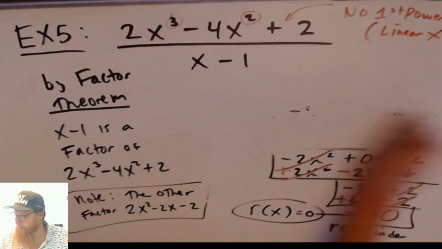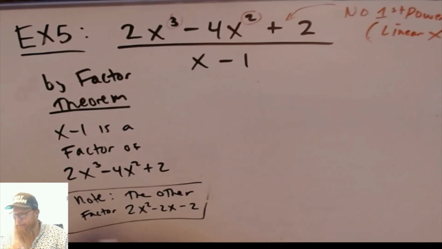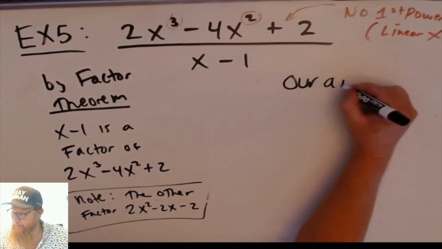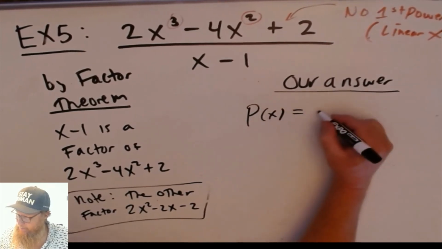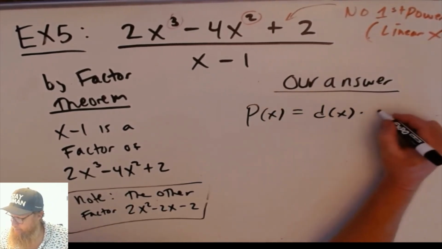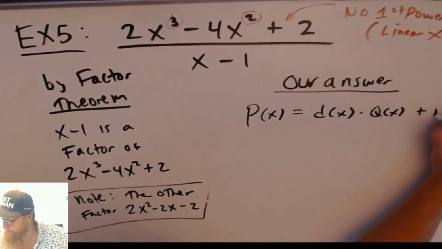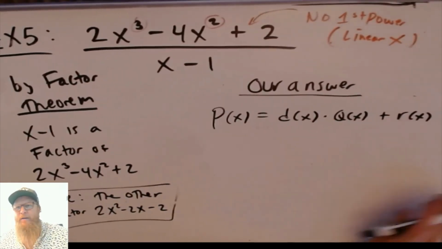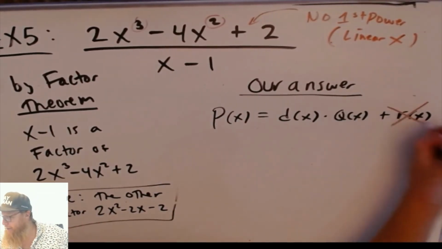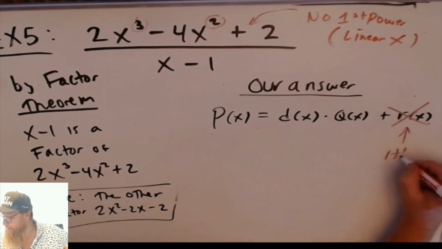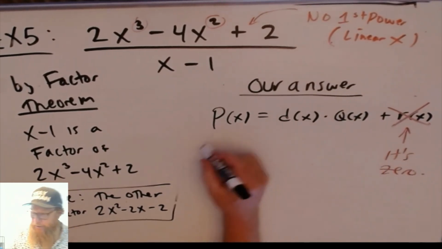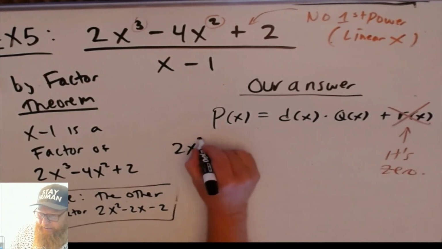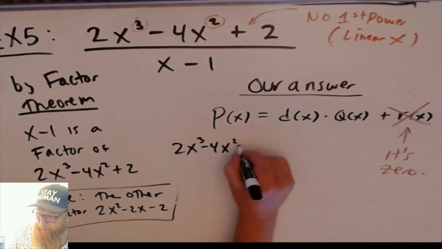And so that means when we write our final answer, because the remainder is 0, we don't write it. So we just simply write 2x cubed minus 4x squared plus 2.